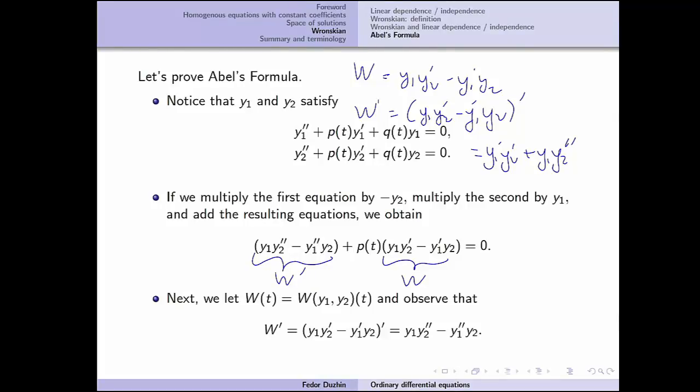The derivative of the second term by the product rule is minus y1 double prime y2 minus y1 prime y2 prime. Now y1 prime y2 prime minus y1 prime y2 prime cancels out, and the answer is y1 y2 double prime minus y1 double prime y2, which is exactly this.